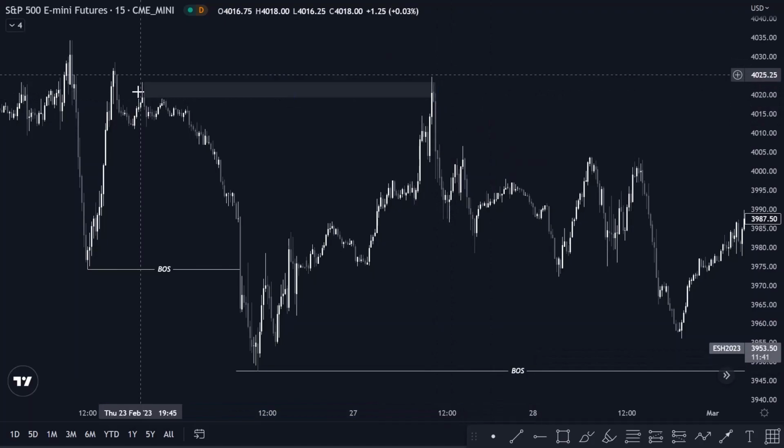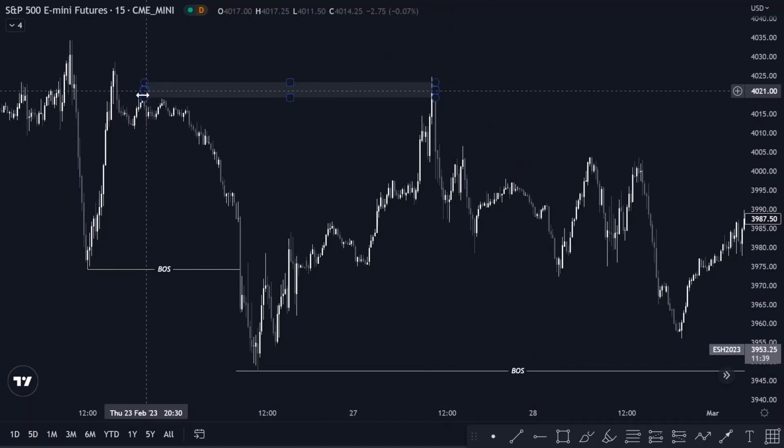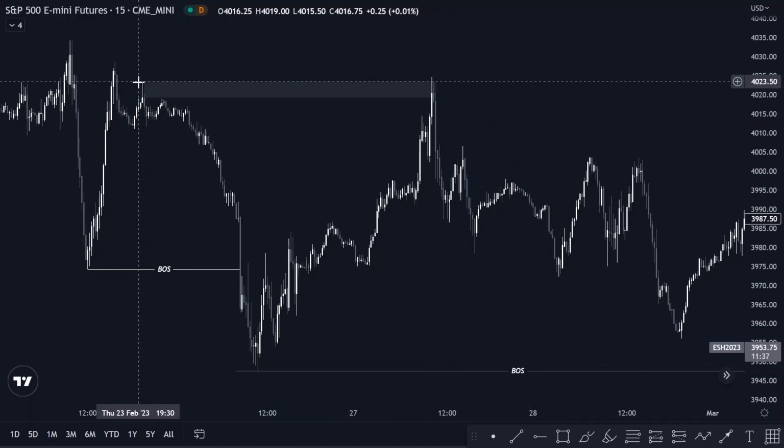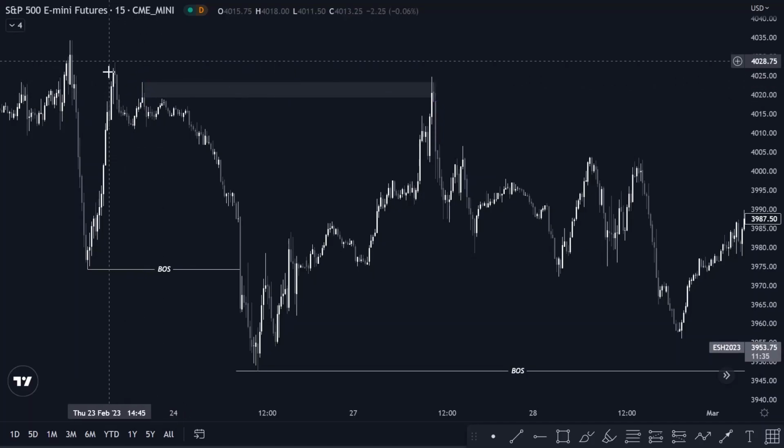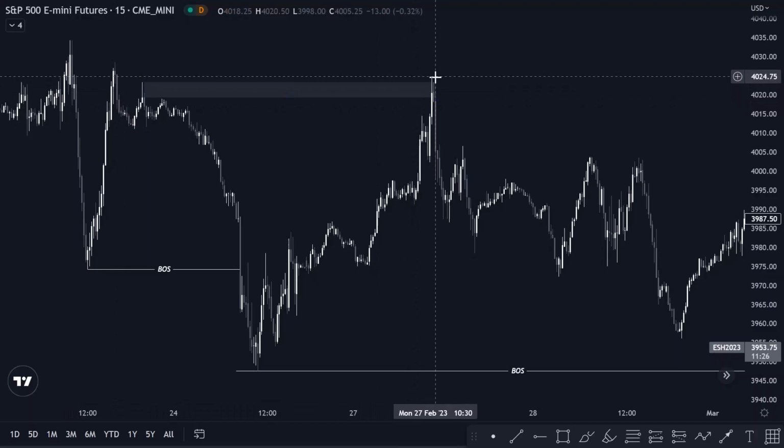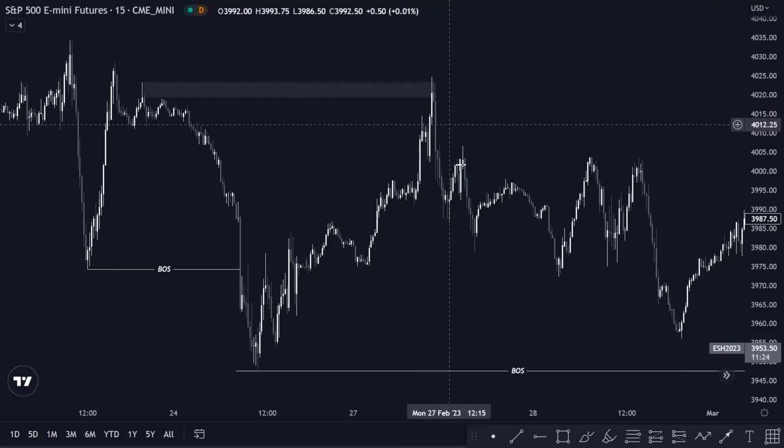Just make sure when we are entering on an inducement, we have our stop loss above the extreme order block, just in case there is an order block on the lower time frame that's not mitigated. Price may go up, mitigate it very slightly and go back down.